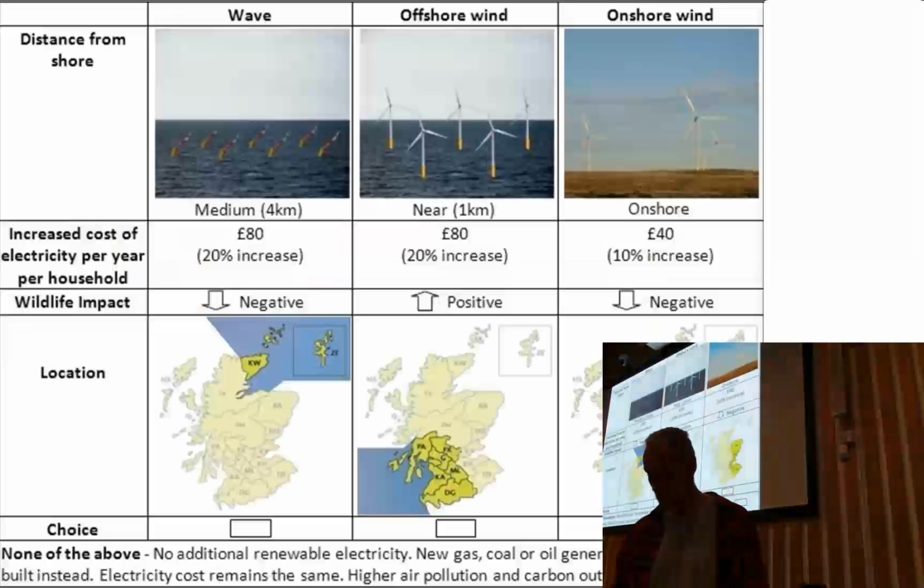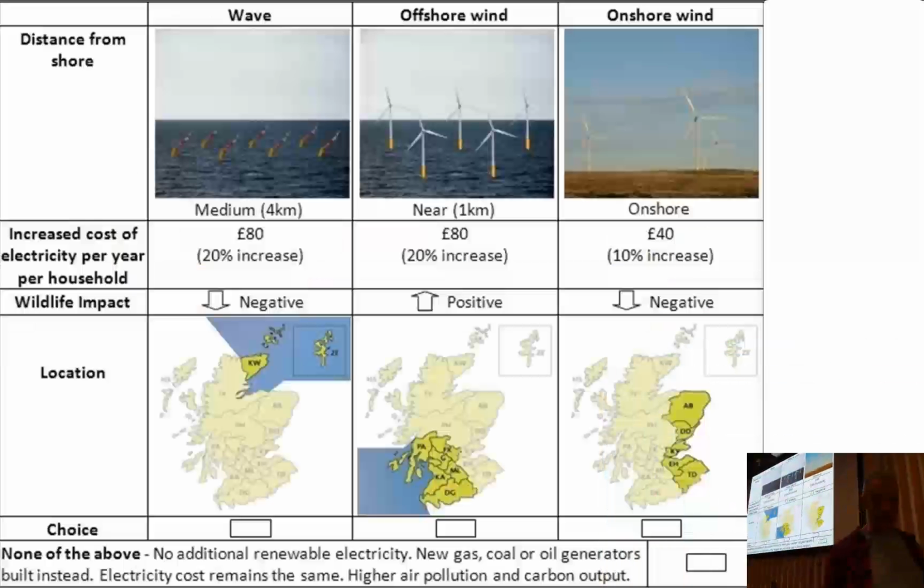And this is actually a study, or part of a study, that was done by the body that regulates electricity in Scotland, whose name completely escapes me at the moment. So the question is, what are we going to do with the power supply in Scotland? And there's various options that we have. We can invest in wave energy, we can invest in offshore wind, we can invest in onshore wind, right?